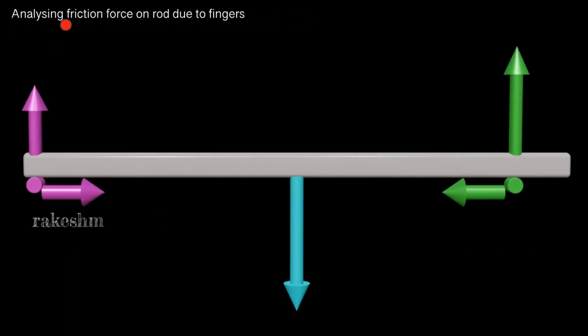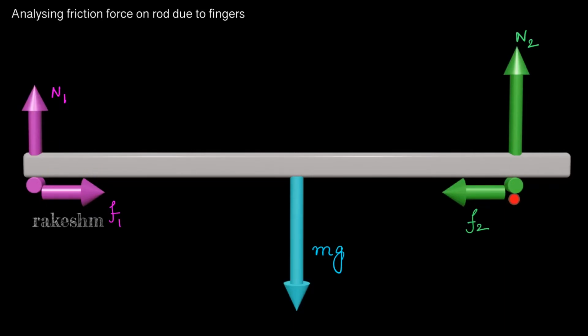Let us analyze the friction force on the rod due to the fingers. As the fingers are moving towards the center, let us take the left finger. Left finger is moving in this direction, so the friction on this finger will be towards the left, and the friction on the scale will be towards right.